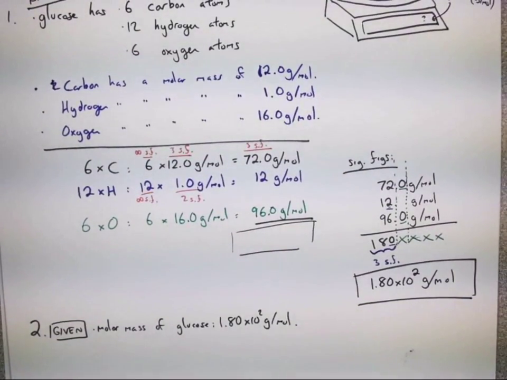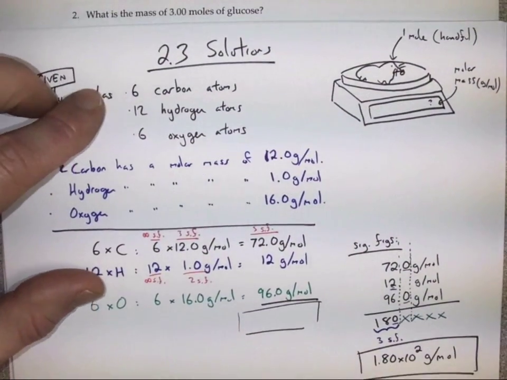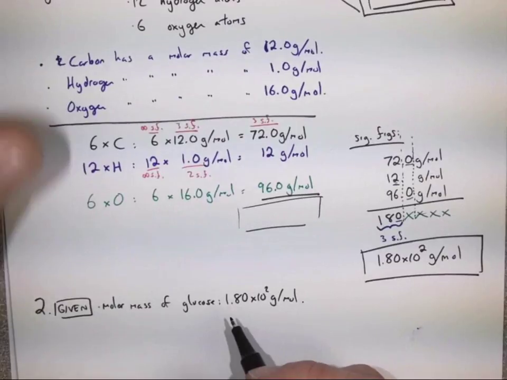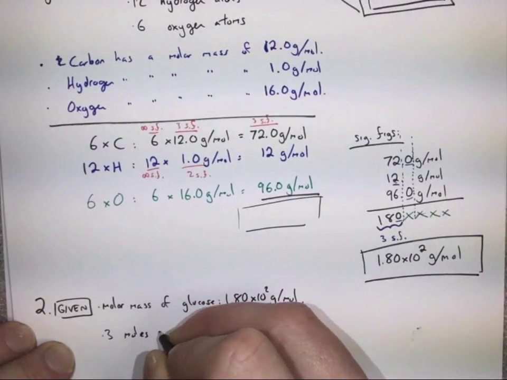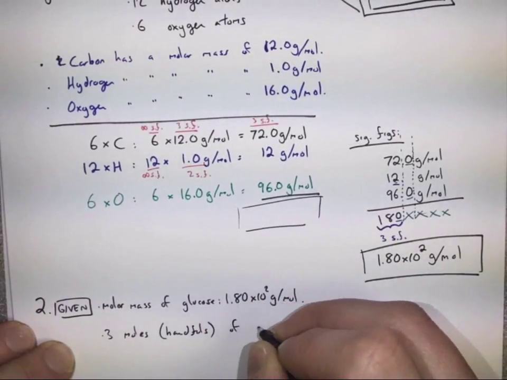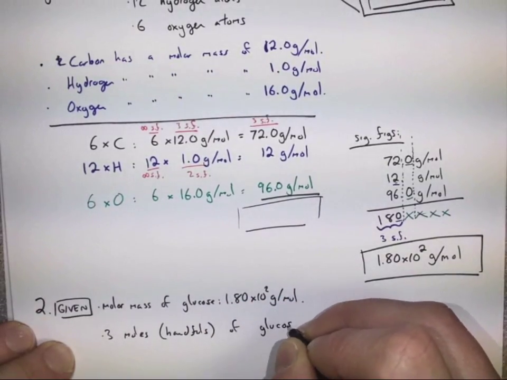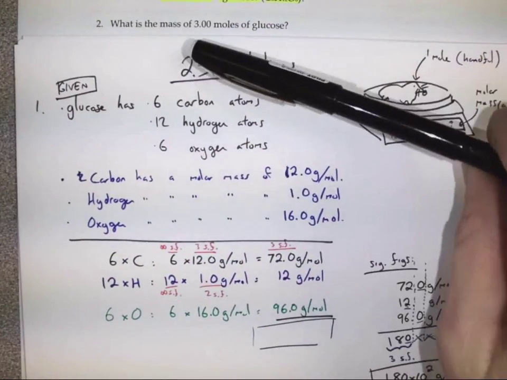All right. What else do we know? Well, we look back at the question. We know we have 3 moles, or handfuls, of glucose. And we want to know how much it weighs.